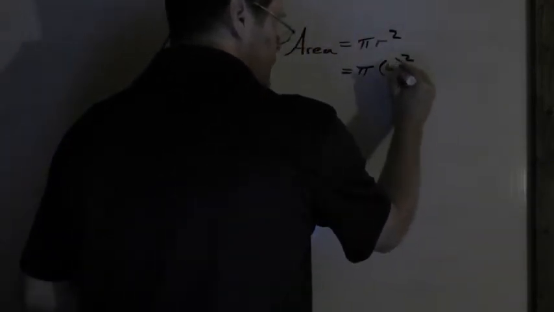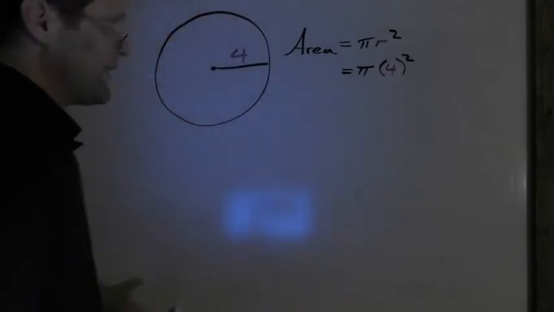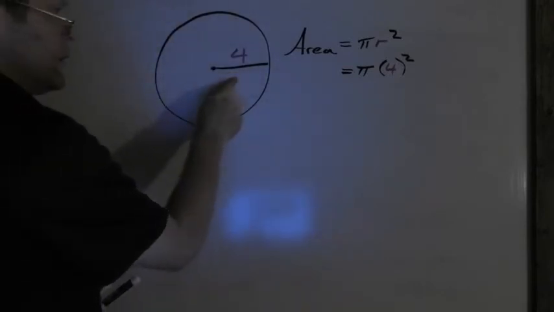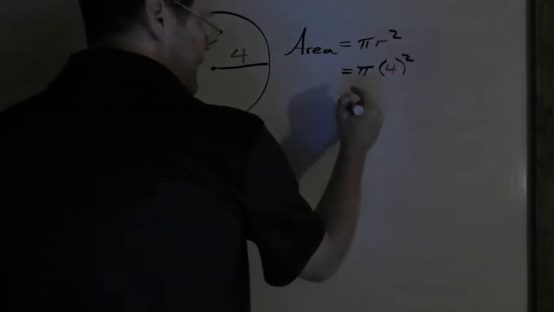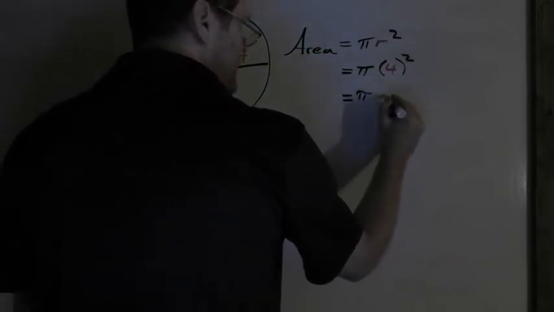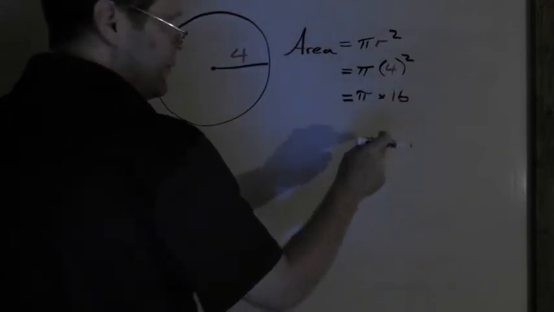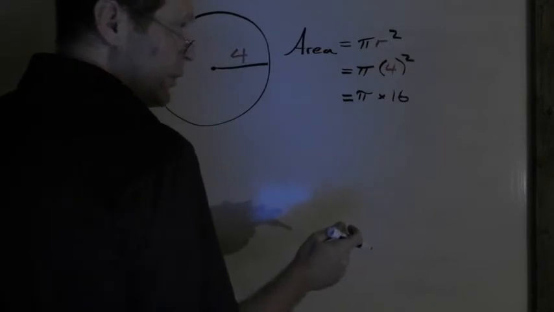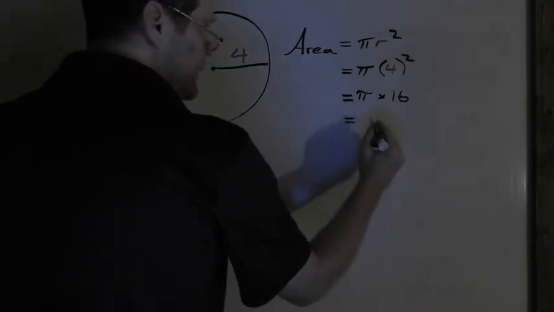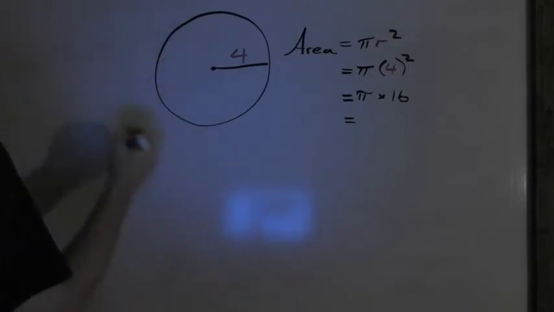Our 4 is what's going to go right in here. Working through our steps again, we have is equal to pi times 16. Where did the 16 come from? 4 times 4.